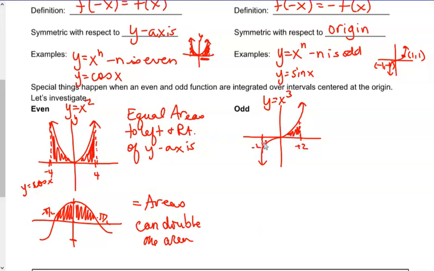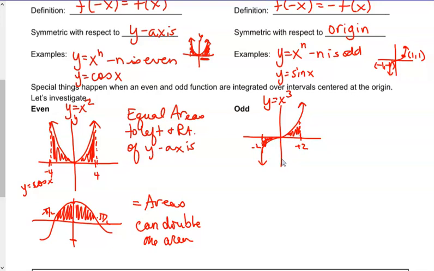I'm not very accurate with my freehand drawing, but the area here is the same as the area here. The difference is that on the even function, both of those areas are above the x-axis, so we can double that. Here, one of the areas is above and the other is below.